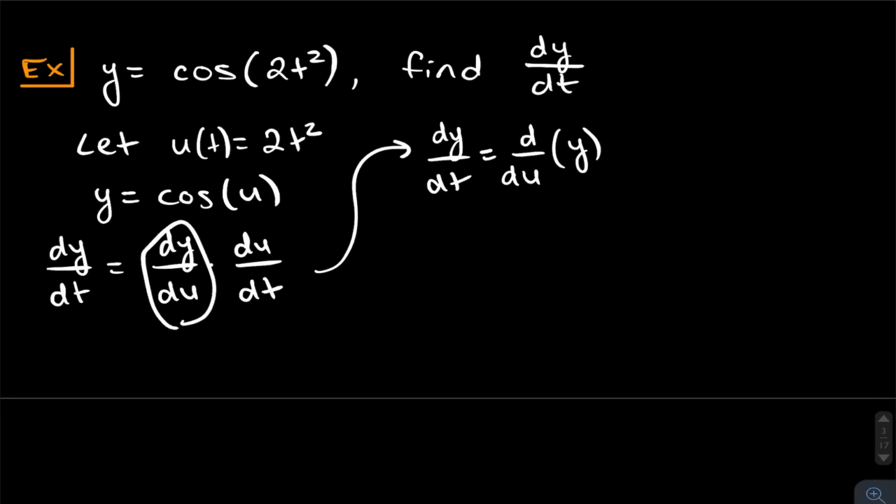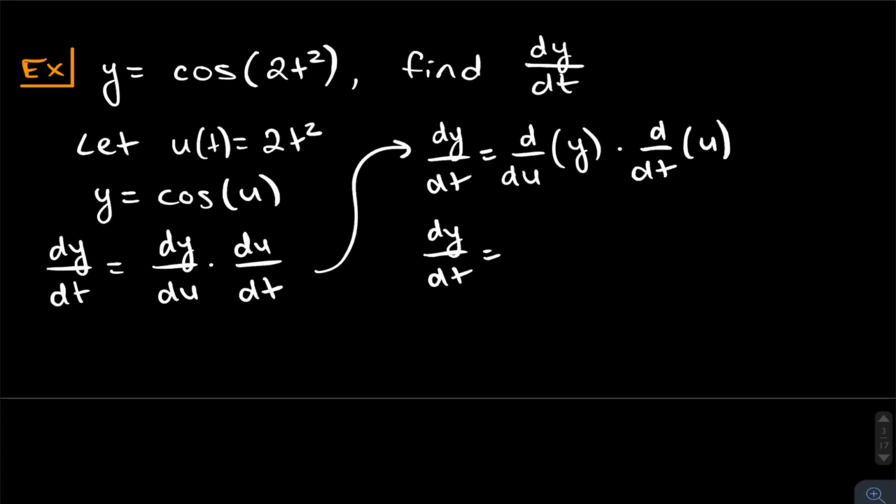That's what this piece is saying. Times the derivative with respect to t of u. That's what this piece is saying. And then we just plug in what those are, right? The y is equal to cosine of u, and u is equal to 2t squared.